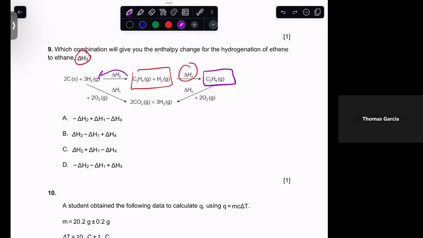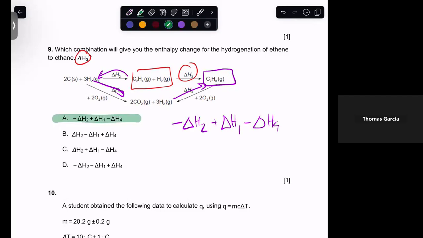We're going backwards on delta H2, so negative delta H2. Then we're going forwards on delta H1, plus delta H1. Then we're going backwards on delta H4, so negative delta H4. So we have to look for the combination that has negative delta H2, negative delta H4, and positive delta H1. So it is going to be A. Really, we're just following the chart here. We're not actually doing much else about it.